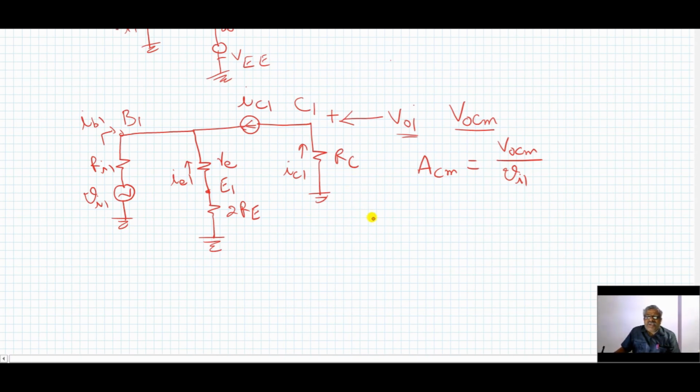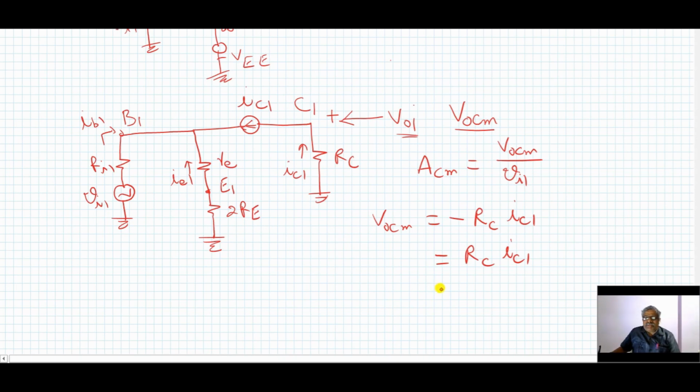What is VOCM? The voltage across the collector resistance RC. So what is the drop across this? That is minus IC1 into RC. This is the expression. But IC is in which direction? That is in the opposite direction. So this VOCM will be equal to RC into IC1.